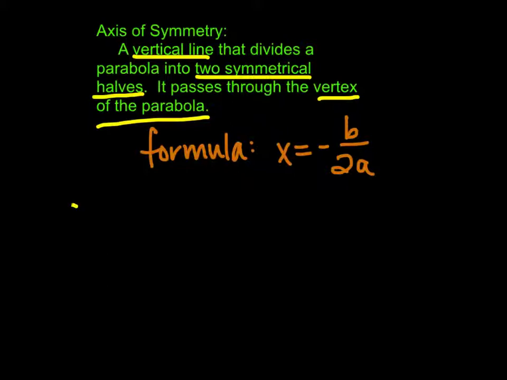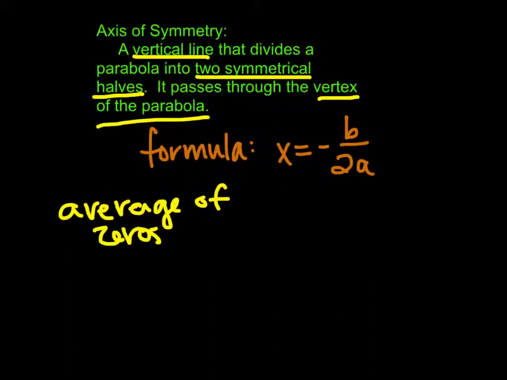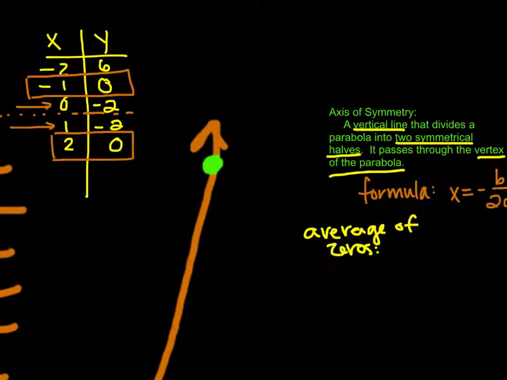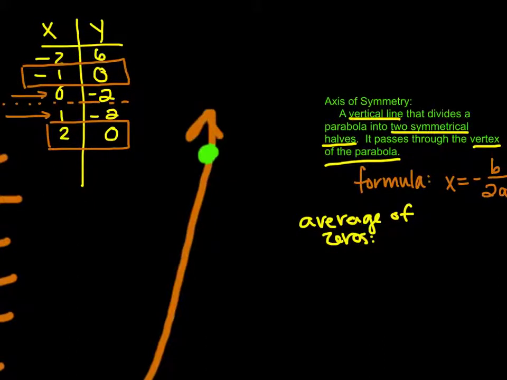There's two ways that we can find it. We can either take the average of our zeros, or we can use a formula, x is equal to -b over 2a. So let's actually do both. For the average of our zeros, we need to look at our original table. We had one 0 that happened at -1, and we had another 0 that happened at 2.